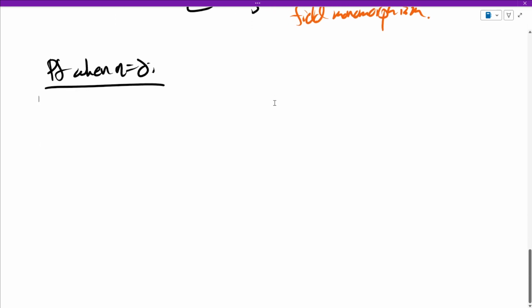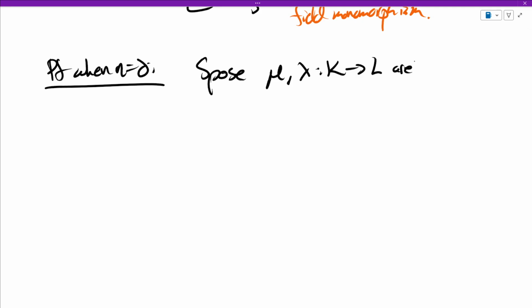Okay, and just to keep with the book's notation, I'm going to get rid of m. So let's suppose mu and lambda from k to l are monomorphisms.